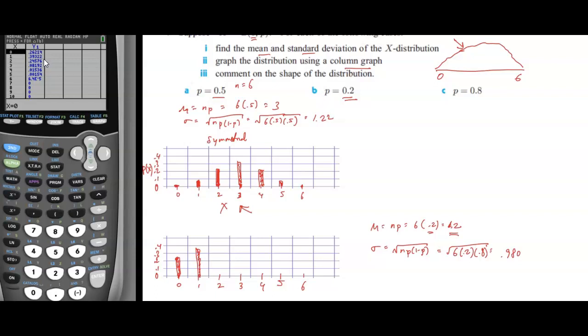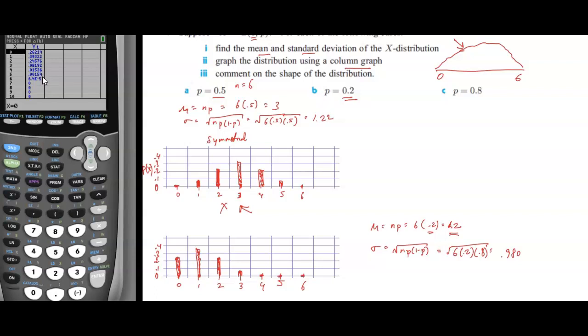It would be halfway between 0.2 and 0.3. And then 0.3, for x equals 3, it would be 0.081. So it would be almost to 0.1. And then 4 would be 0.015, super small. 5 and 6, super small.